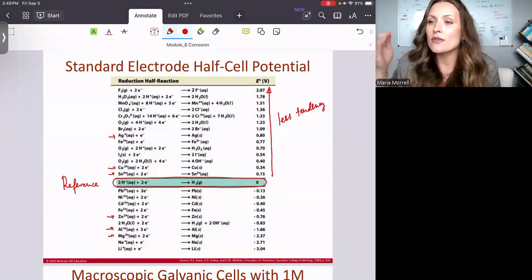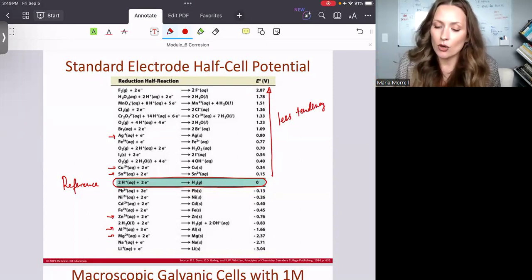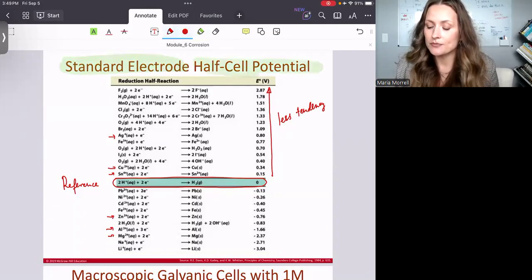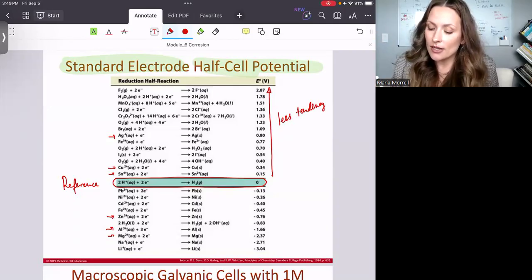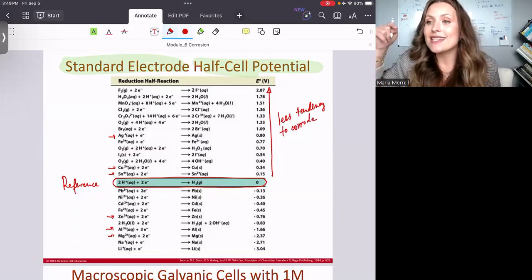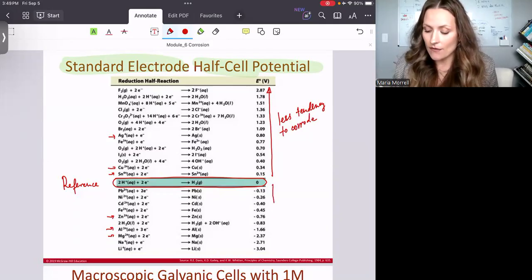The more positive this, the standard, and we call it, perhaps I shall say, the standard electrode half cell potential, right? That's the number you see on the voltmeter. And it turns out that the more positive it is, the less tendency to corrode. And then the more negative that number is, the higher tendency to corrode.